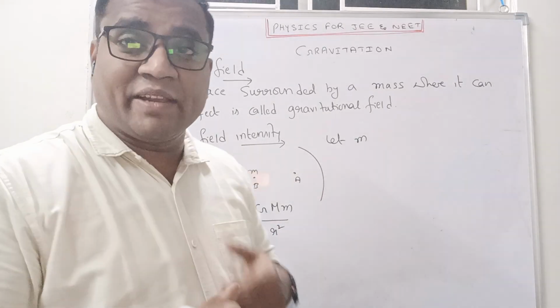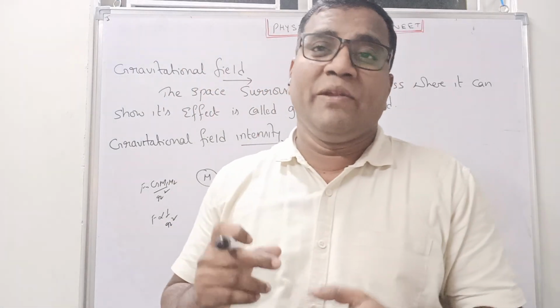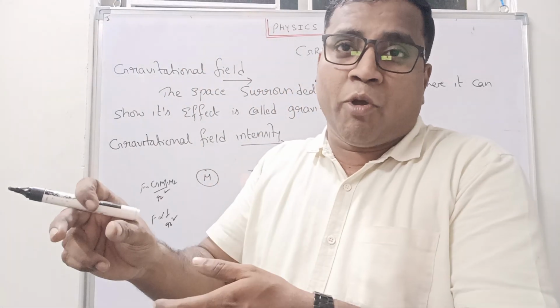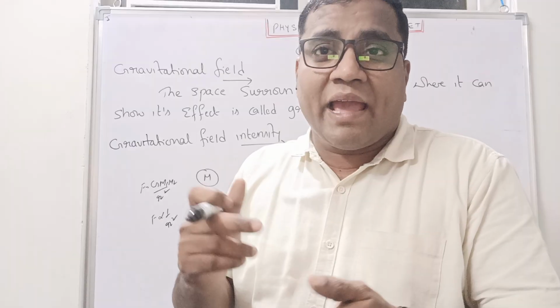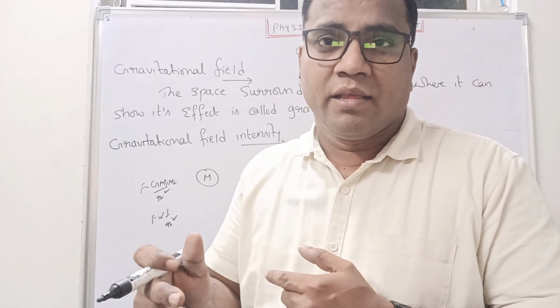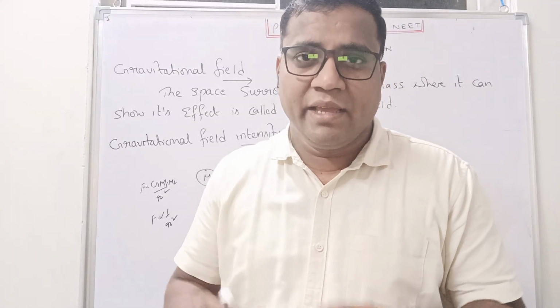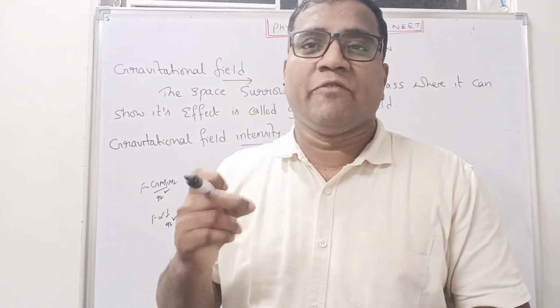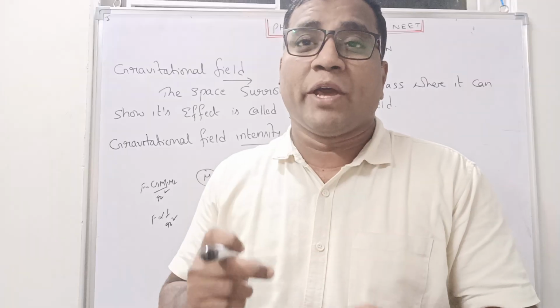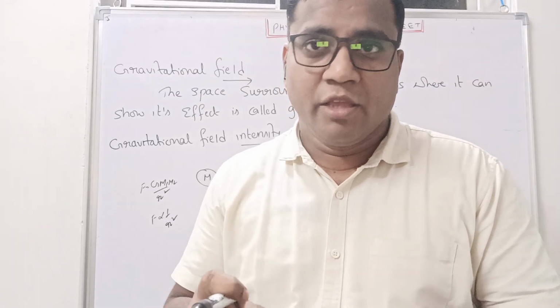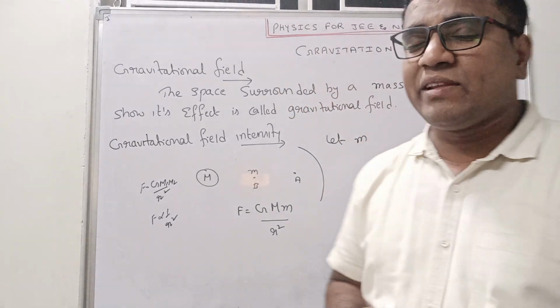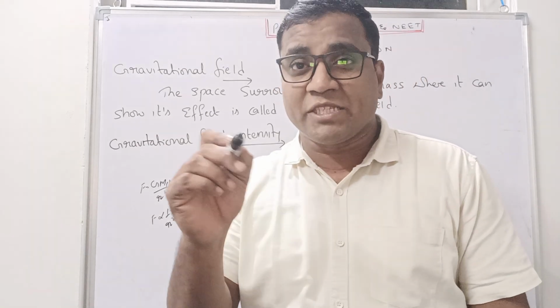Now what is gravitational field intensity? Gravitational field intensity at a particular point is defined as force per unit mass. Generally, gravitational field intensity is denoted by small g.